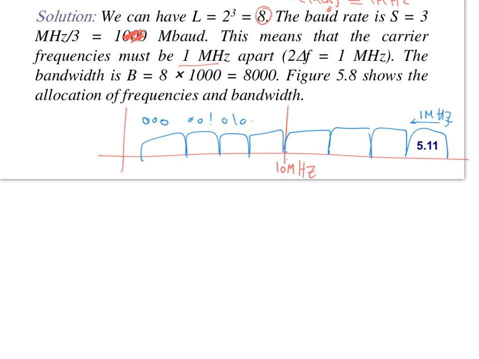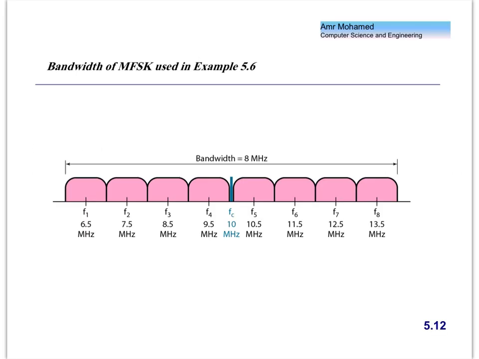That's because for FSK, we have to represent the bit representation at different frequencies. Okay? So that's how the composite signal will look like. That's the final product, the composite signal in the frequency domain.